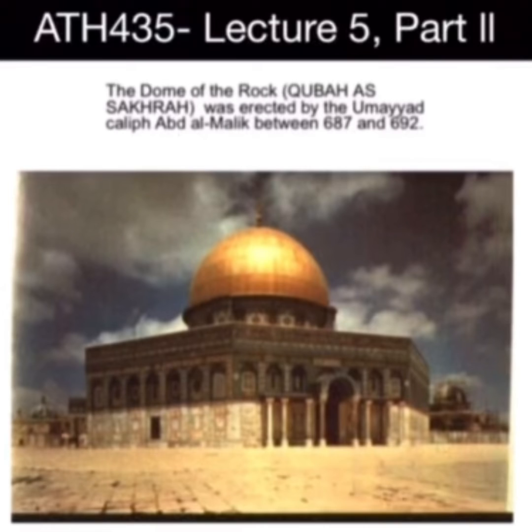So the history of what we call Qubbat As-Sakhra dates back to as early as before Christ. But if we go later than that, around 70 AD, the Romans took over this place. Then remember, the Romans became Christian, and the Eastern Christian Empire, or the Byzantines, took charge of this place.